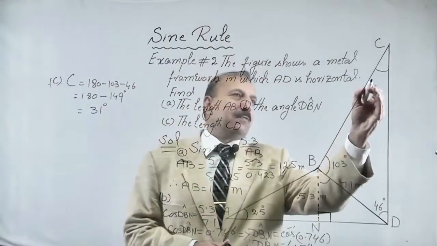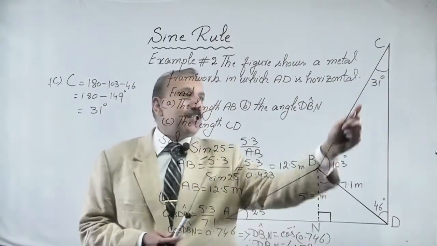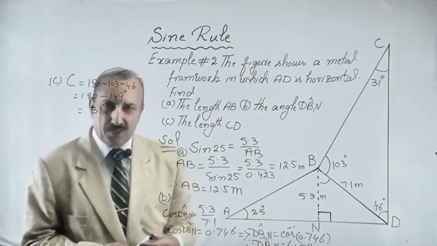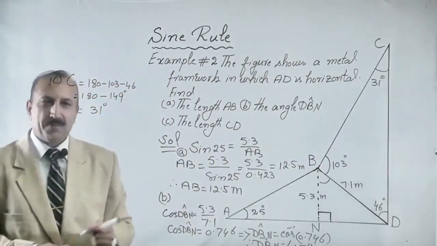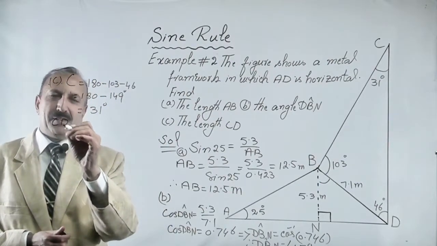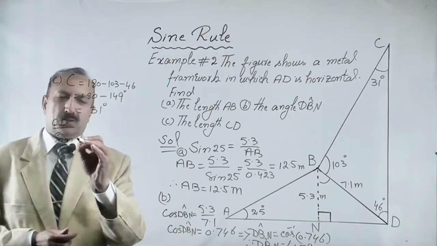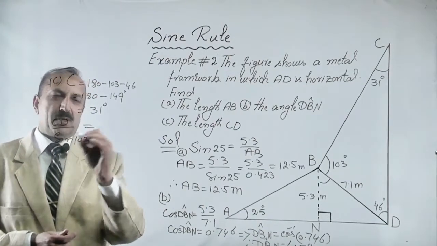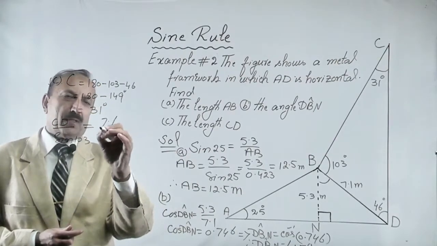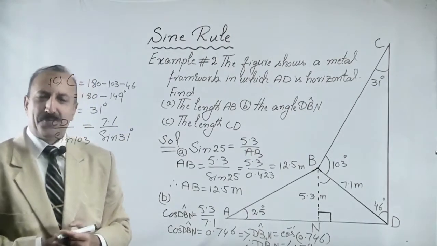This angle is 31 degrees, and now this side has an opposite angle, and the side that we are supposed to find has 103. Now we will use the sine rule, my dear student, to find this CD side. So the sine rule is CD over sine of 103, equal to the given value which is present, that is 7.1 over sine of angle 31 that we have just found.